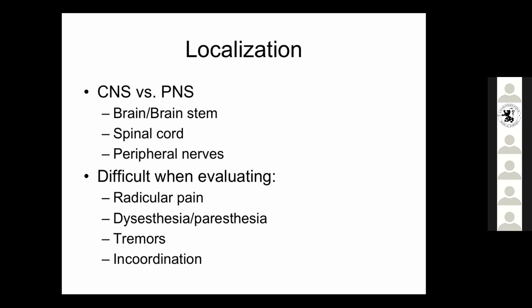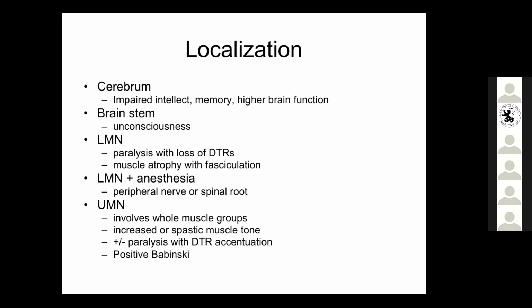And that's because problems within the CNS and the PNS both can cause coinciding symptoms, or like if a patient has a CNS or a PNS problem, then they could have similar symptoms. So it can make localization difficult, which makes further evaluation with other techniques like imaging necessary.